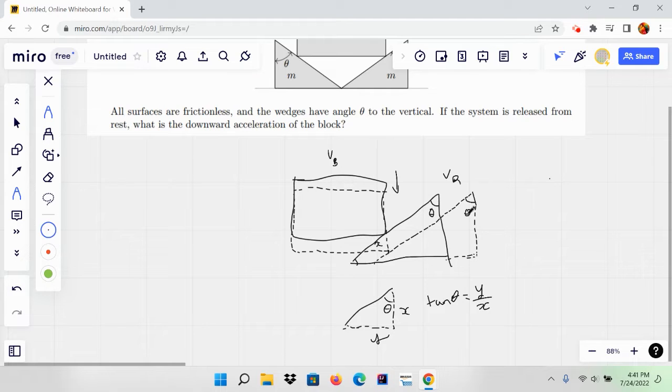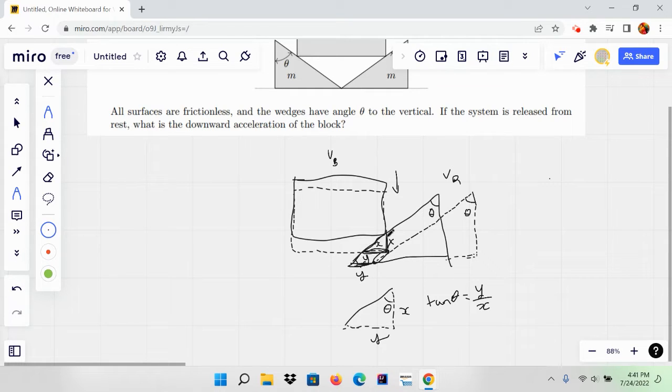Then we can see over here that this ramp moves to the right by some distance y, and we have a parallelogram right here. So this is a distance of y, and this block moves down a distance of x. We have a parallelogram and also a triangle. For the parallelogram, the side at the bottom and the side at the top are the same, so this is also going to be y.